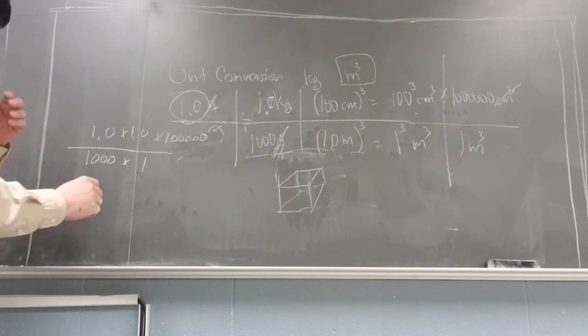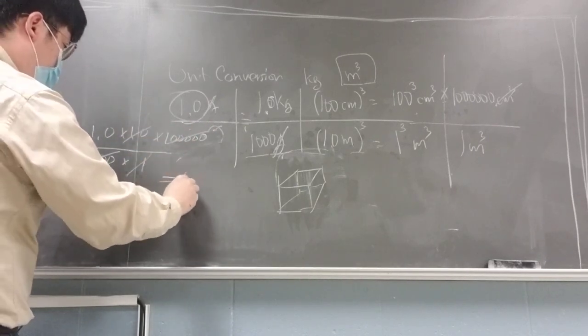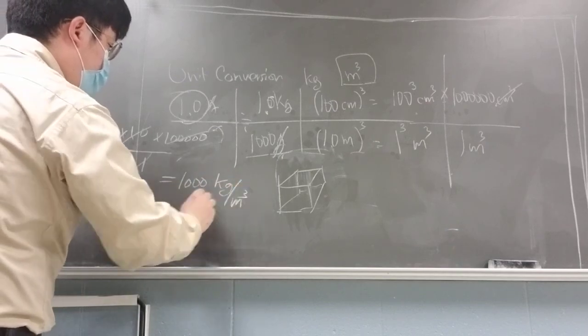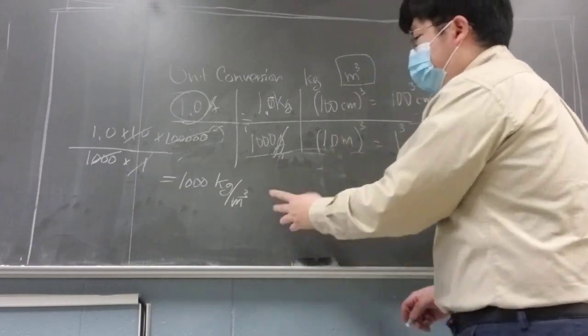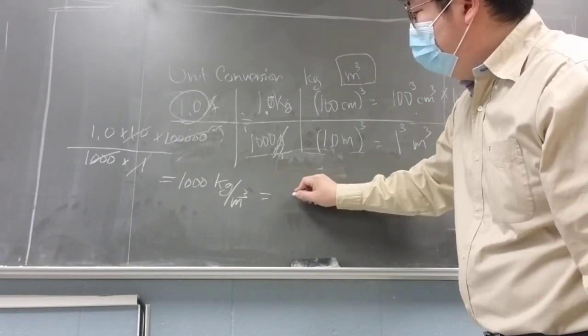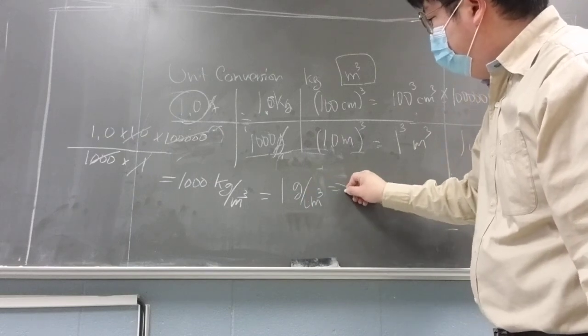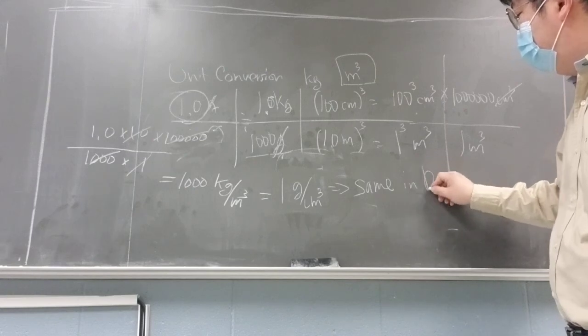Okay. So if you do this one, it's simply 1,000 kilogram per meter cube. So 1,000 kilogram per meter cube means the same as 1 gram per centimeter cube, meaning they are the same density.